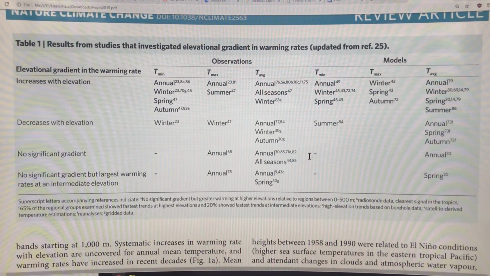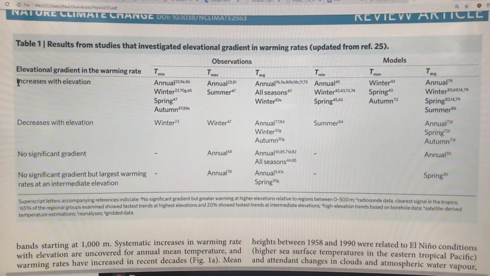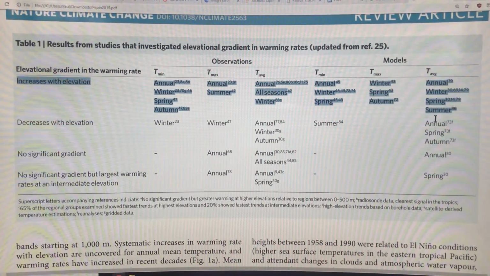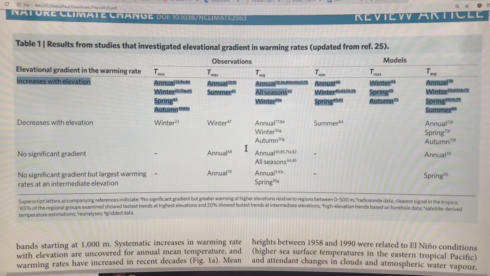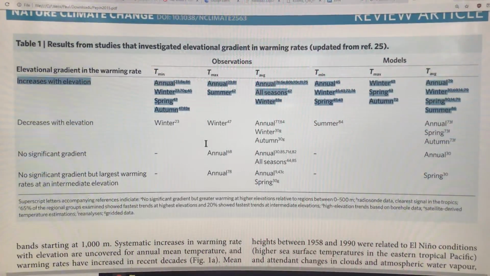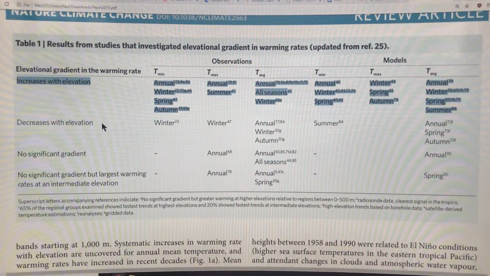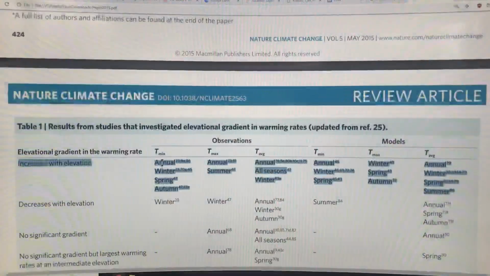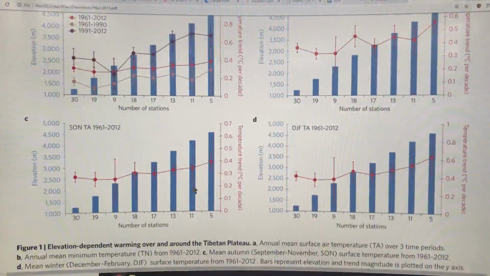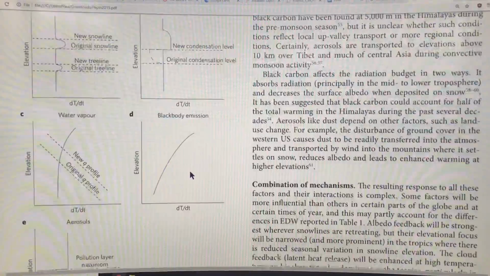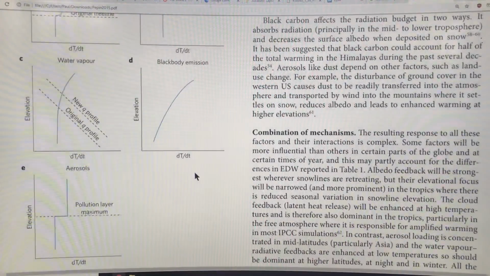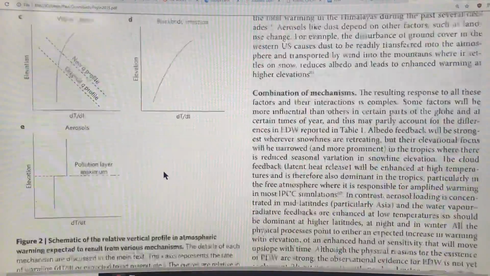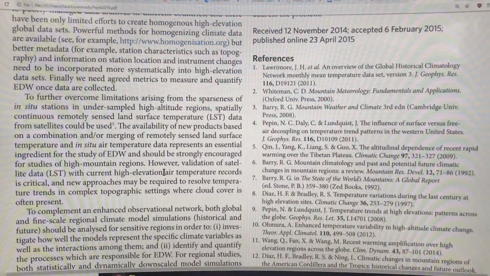In most mountain regions, certainly in the third pole, as you increase elevation, you get more warming, and the factor can be 2 or 3 times higher. There are some regions where the opposite trend is seen, and some regions where no trend is seen. So there are a lot of different factors that play into this. Which one dominates depends very much on the region.